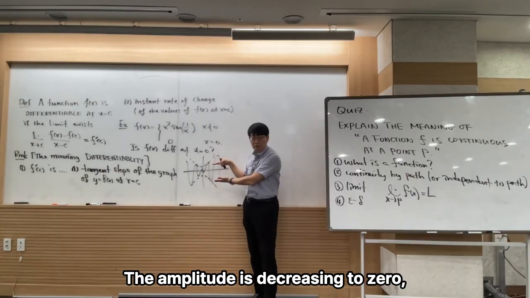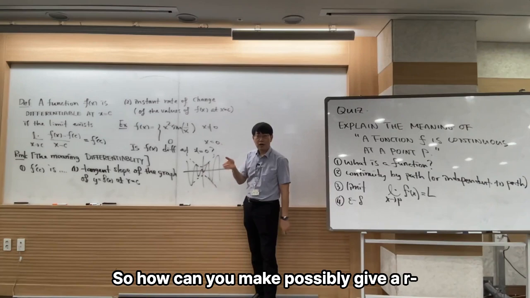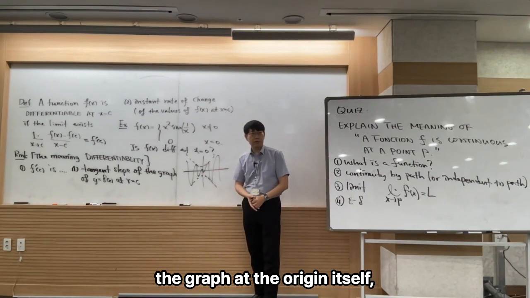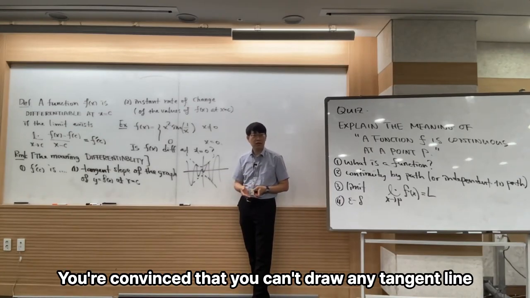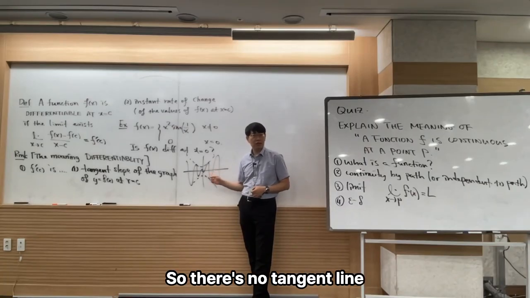The amplitude is decreasing to 0, but it's oscillating infinitely many times, right? So how can you possibly give a line that barely touches the graph at the origin itself and no other points? It can't, right? You're convinced that you can't draw any tangent line in that sense. So there is no tangent line here in our obvious sense.